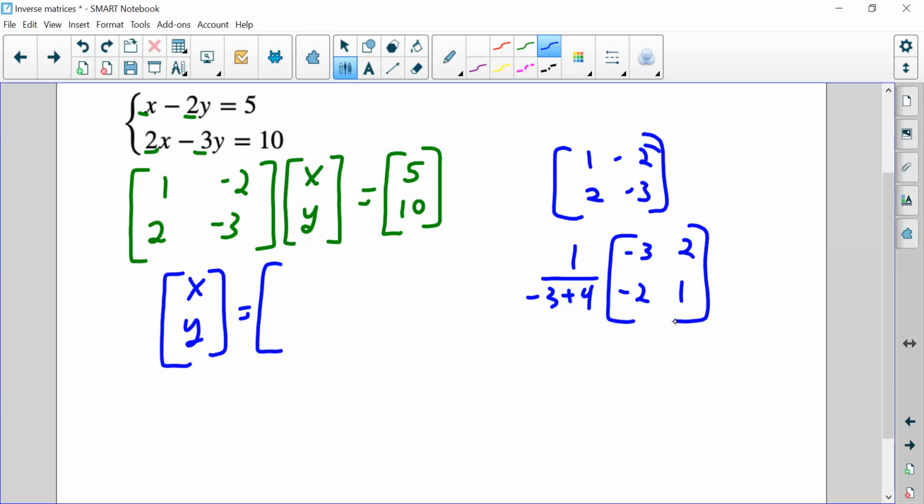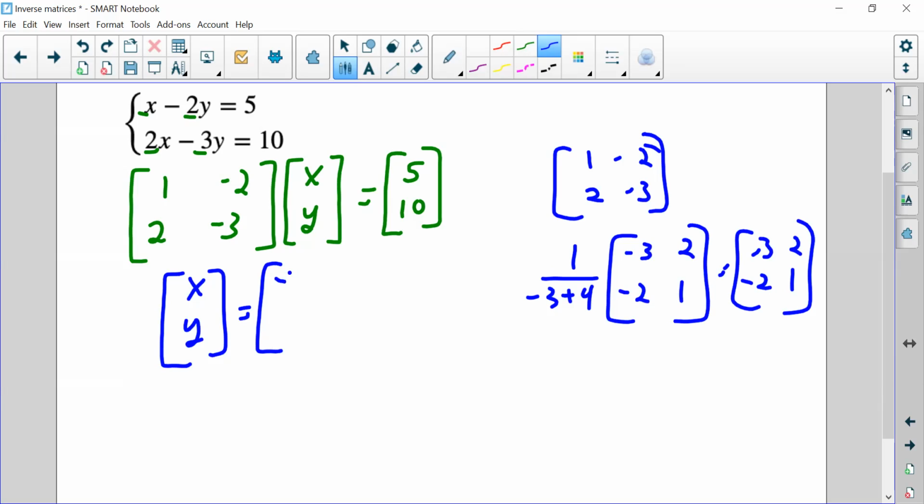Perfect. Flip these, switch these, negate those two. So that's just going to give me -3, 2, -2, 1, right?